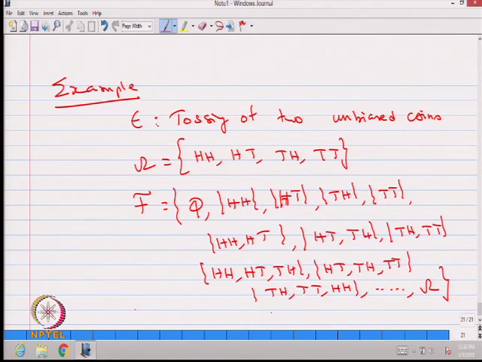So, for this problem, the F is taken as the largest sigma field, which has a number of elements 2 power 4, that is 16 elements.